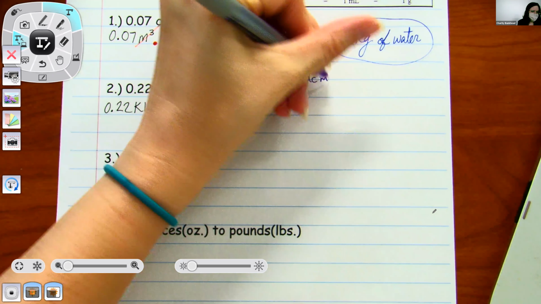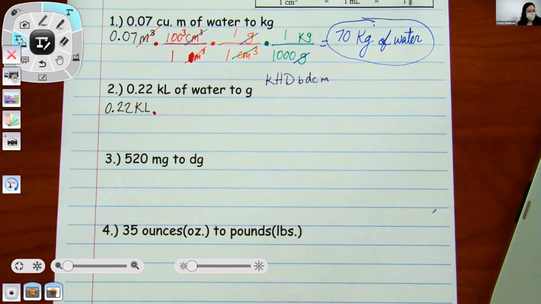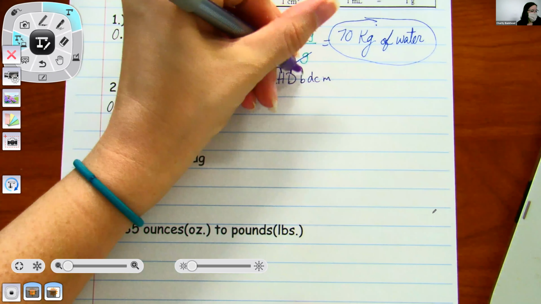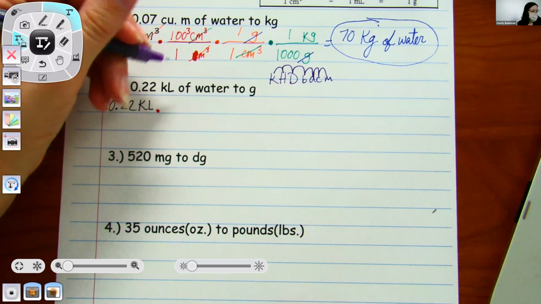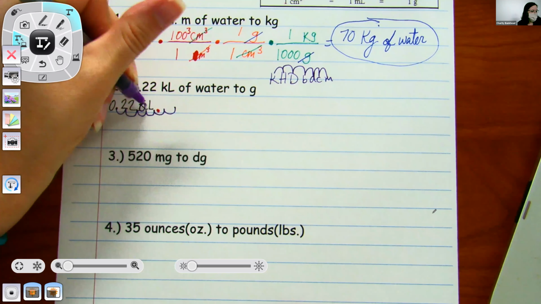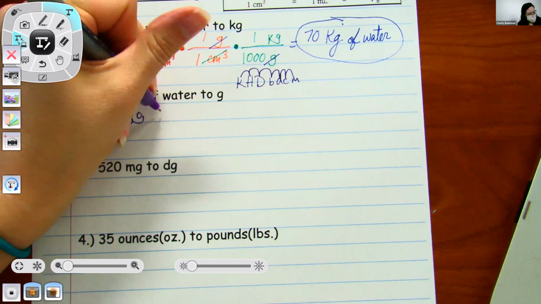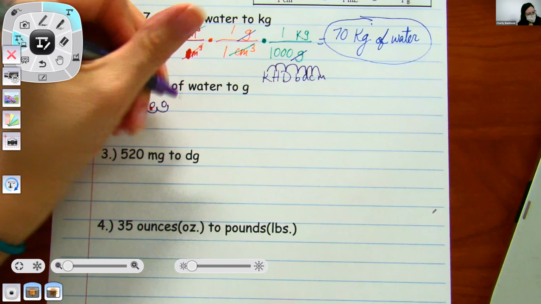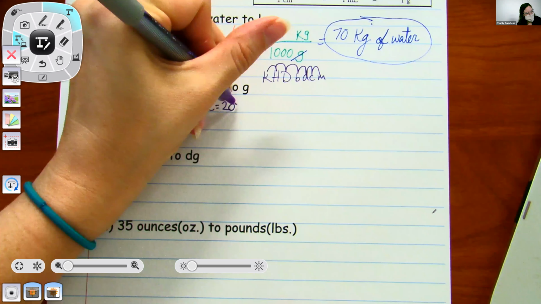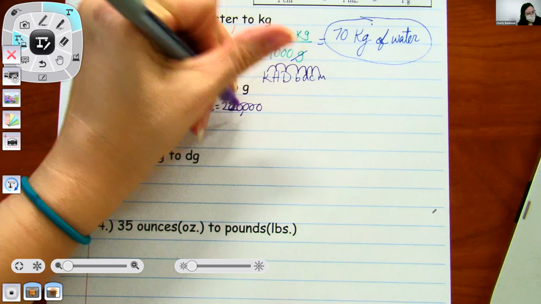If we want to convert from kiloliters to milliliters, we need to move it 6 times, right? So 1, 2, 3, 4, 5, 6. So 0.22 kiloliters would be 220,000 milliliters.